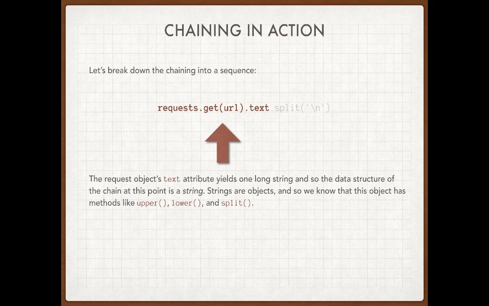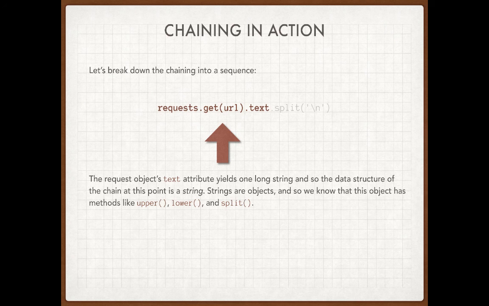Now, I happen to be looking at a string. So the first part gave me a request object, but now what I'm looking at is a string. And because the data type has changed, now I know that I have every opportunity, every property, every method to work with a string value.